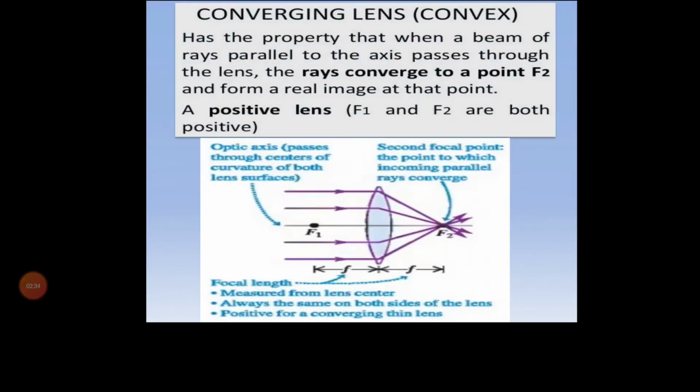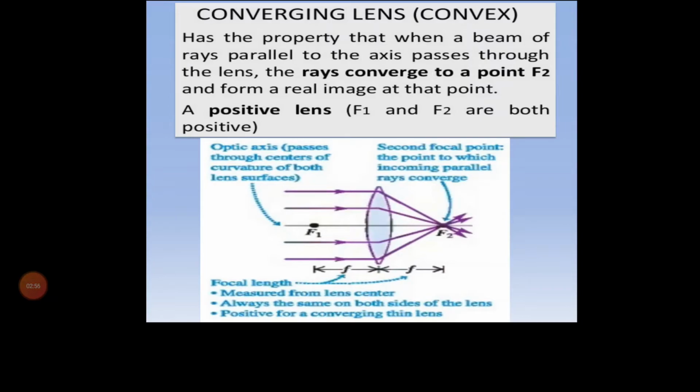A converging lens or convex lens has the property that when a beam of rays parallel to the axis passes through the lens, the rays converge to a point F2 and form a real image at that point. Here, F1 and F2 are shown in the figure clearly.